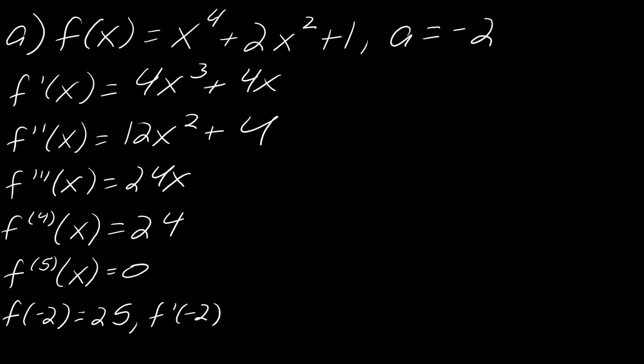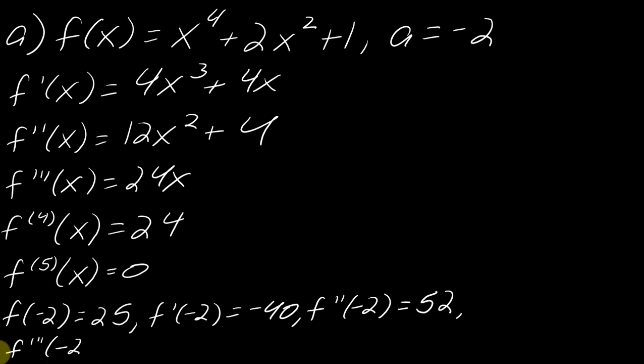F prime of negative 2, so plugging negative 2 into this, I worked this out ahead of time, so I'm just going to tell you what these values are. F double prime of negative 2 will be 52. F triple prime of negative 2 will be negative 48, and then the fourth derivative at negative 2 will be 24.